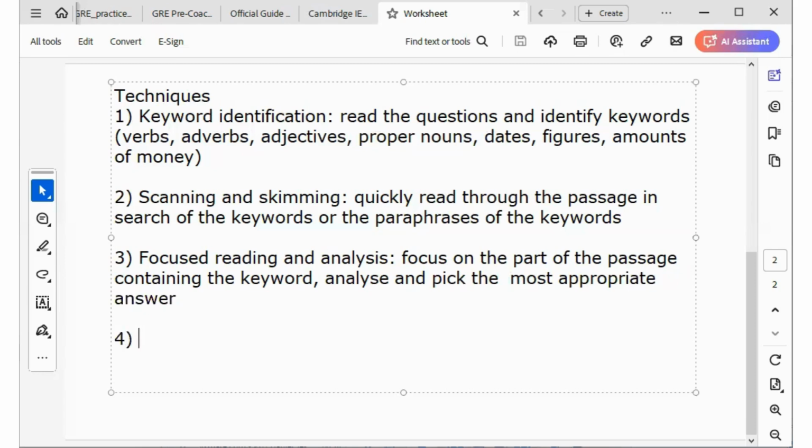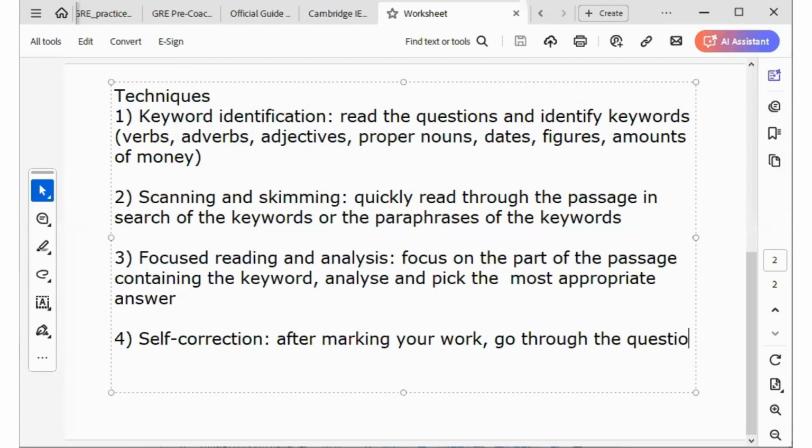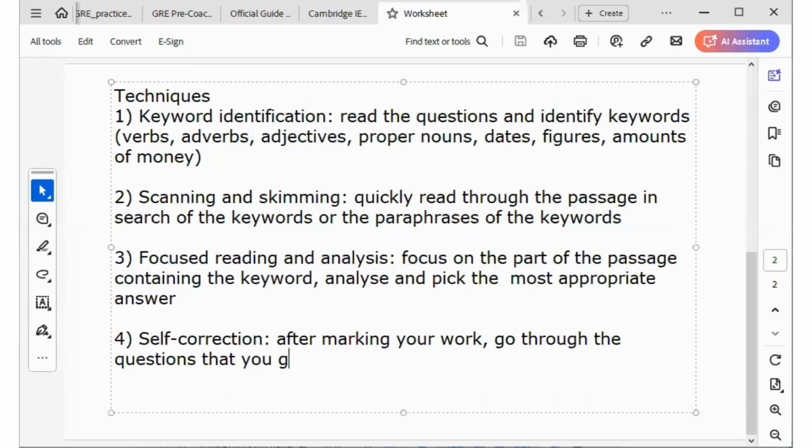And then number 4 is what I call self-correction. In other words, after marking your work, go through the questions that you got wrong and do thorough self-correction.